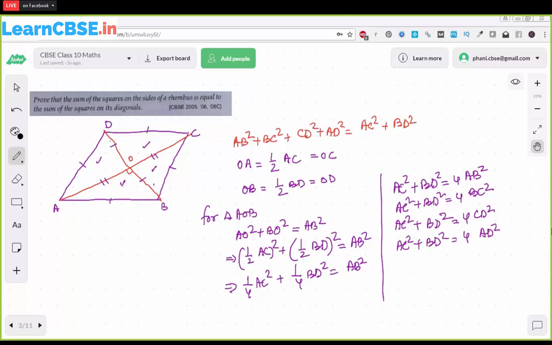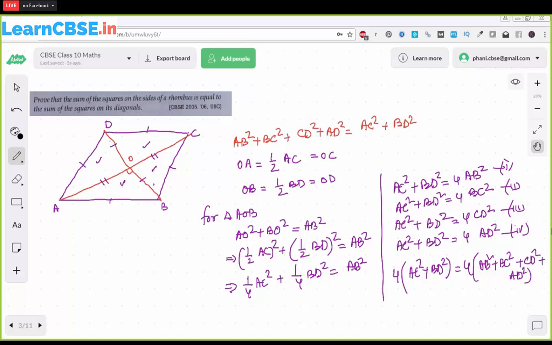Now, whenever you are adding these 4 equations, name them equation 1, 2, 3, 4, you are getting 4 times AC square plus BD square equals 4 into AB square plus BC square plus CD square plus AD square.